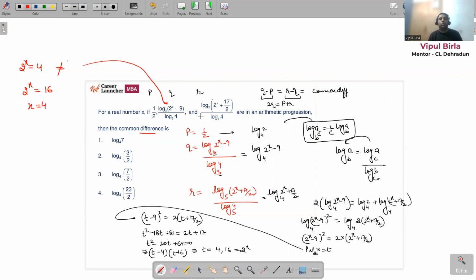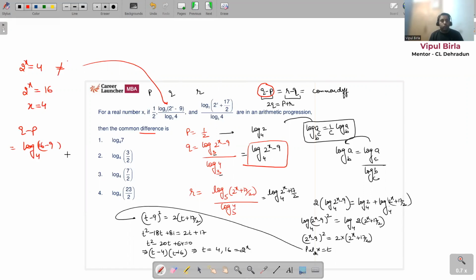That is nothing but the value of Q minus P. So Q is nothing but this, and I will replace 2 to the power x with 16. Therefore, Q minus P is equal to log of 16 minus 9 to the base 4.